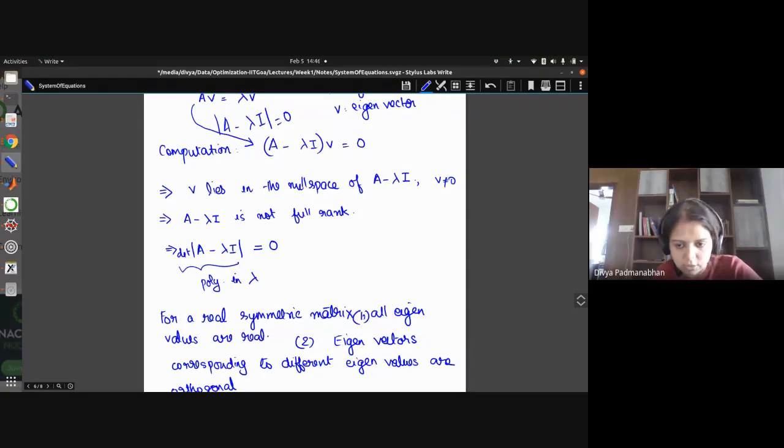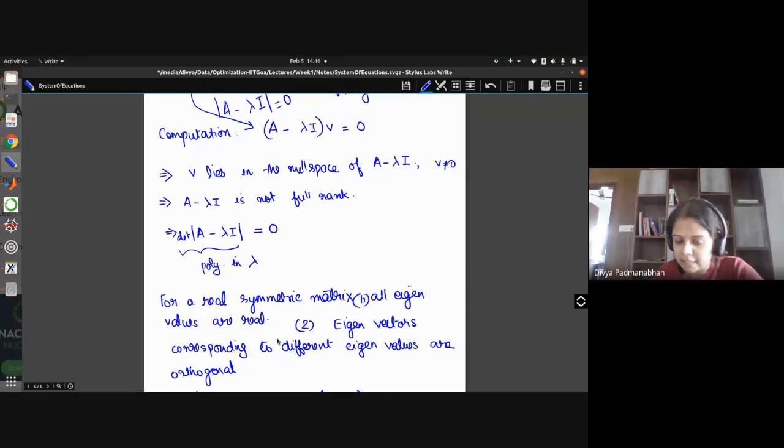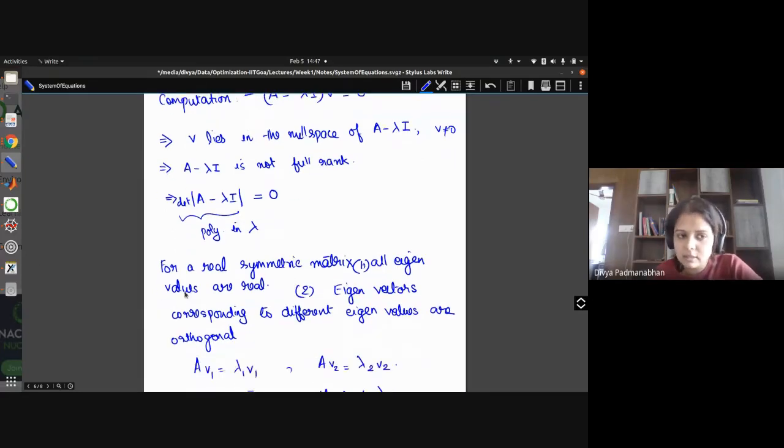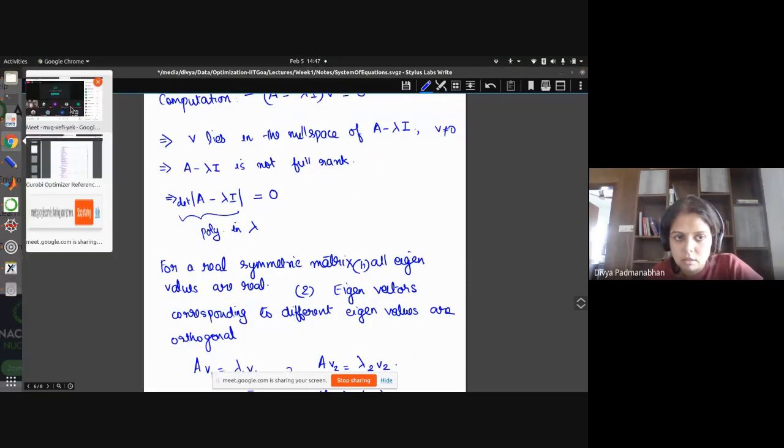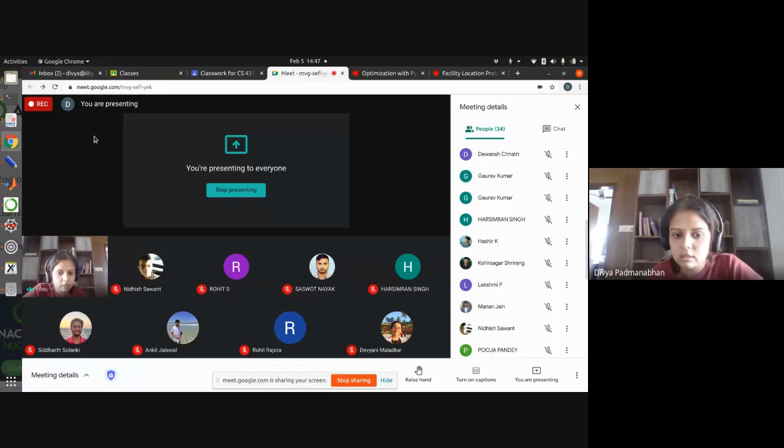And for real symmetric matrices, the eigenvectors corresponding to different eigenvalues are going to be orthogonal. That's a special property which holds for this special kind of matrices. I think these are things you're familiar with. Are there any questions on this? No questions, ma'am. Okay, good.